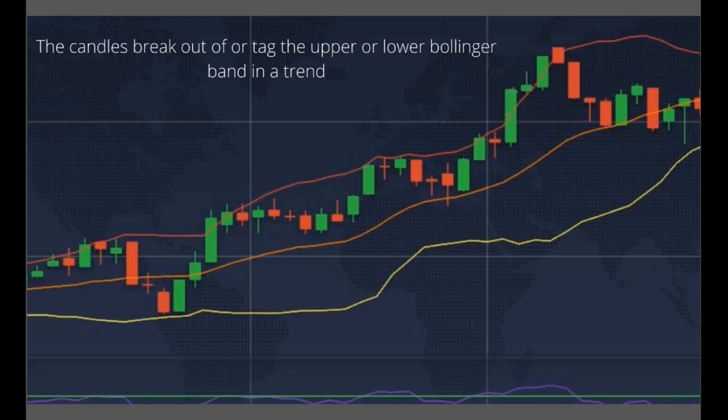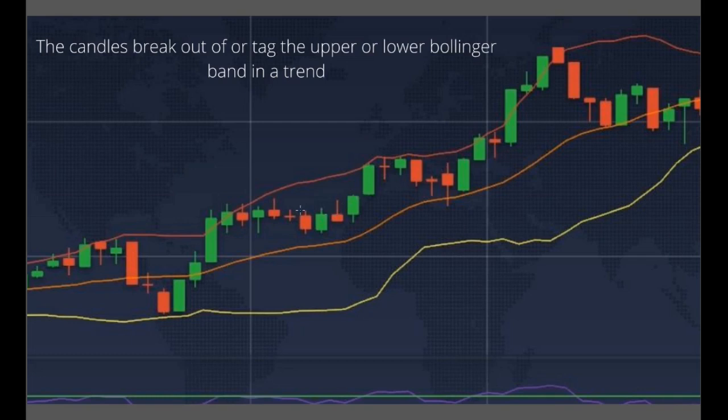Look at this bullish candle breaking out of the Bollinger Band, which is an indication of strong upward momentum. It tells us that the buyers are pushing the price up. The bulls are in control.